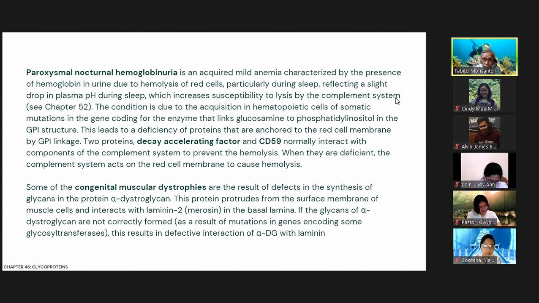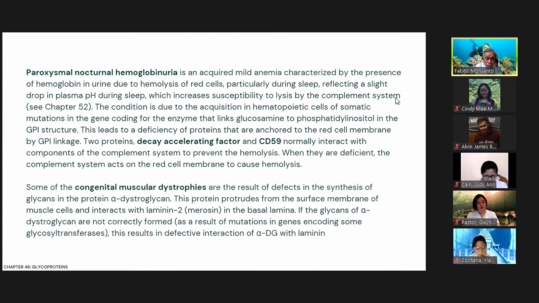So during the time you're sleeping, because of a slight drop in the plasma pH, if the plasma pH drops towards the acidic side, it increases susceptibility to lysis by the complement system.